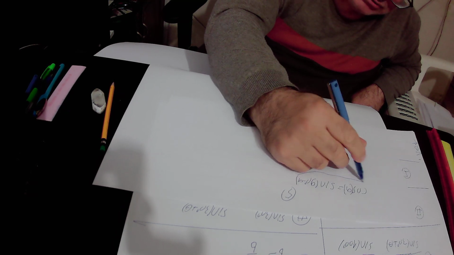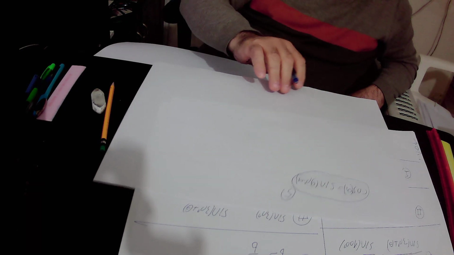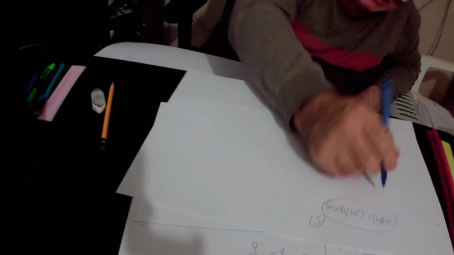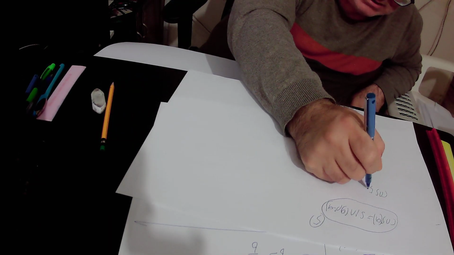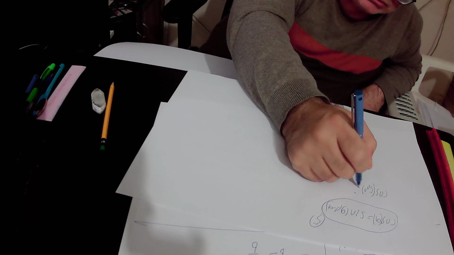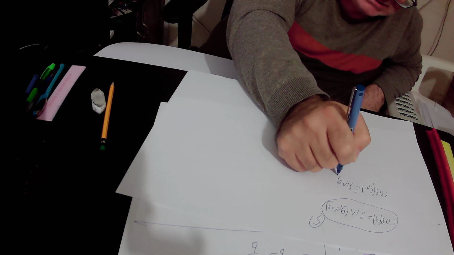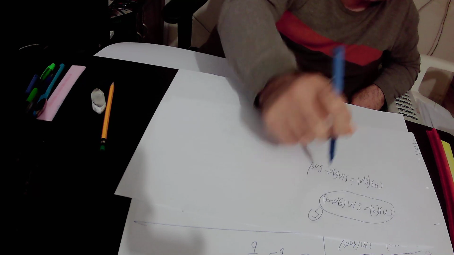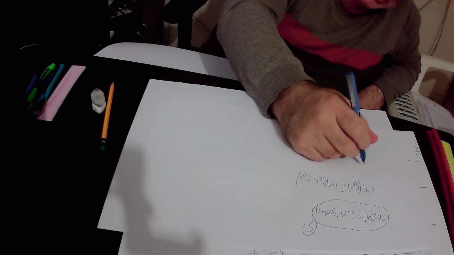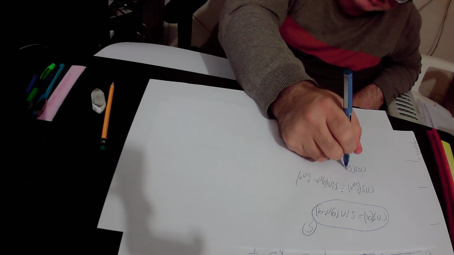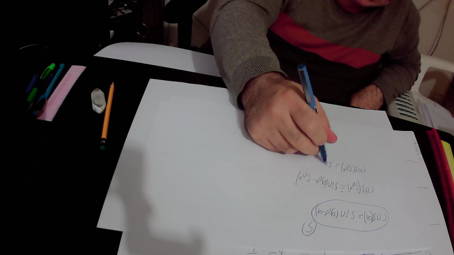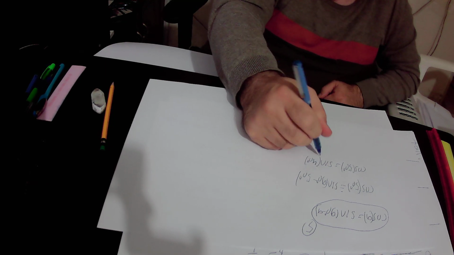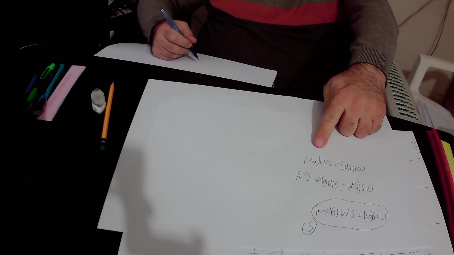We will use this trigonometric identity. According to it, cosine 50 degrees equals sine 90 degrees minus 50 degrees, which is sine 40 degrees. So we found out that cosine 50 degrees equals sine 40 degrees.